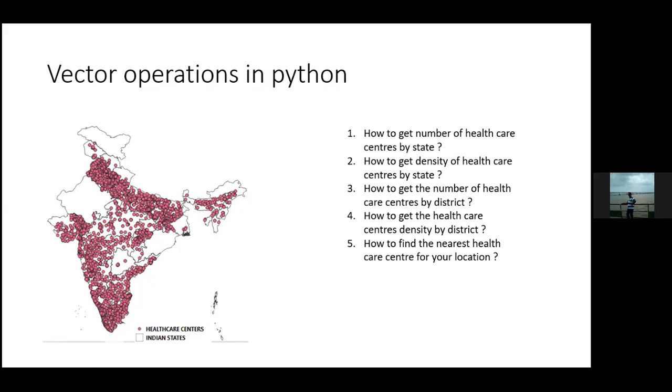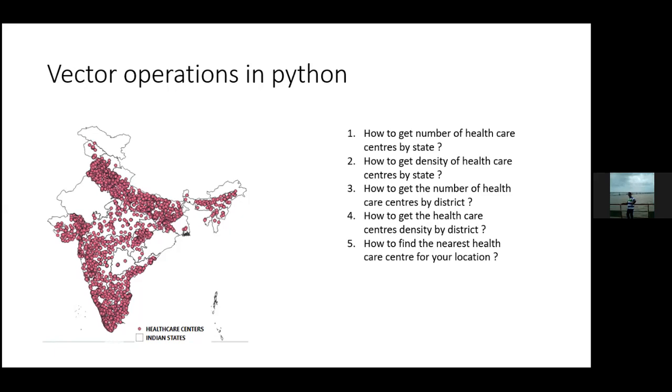I will just intersect the point shapefile with each state boundary, and I will get the count. And then I can get the density of healthcare centers by state, and calculate the number of healthcare centers by district by overlaying the district shapefile and the healthcare centers point shapefile.